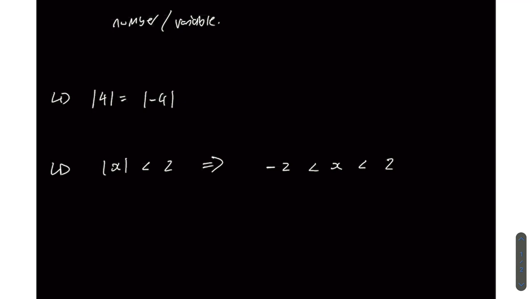Well, that's because if the absolute value is smaller than 2, then the magnitude of x must be smaller than 2. And that only occurs when x as a value is between negative 2 and positive 2.